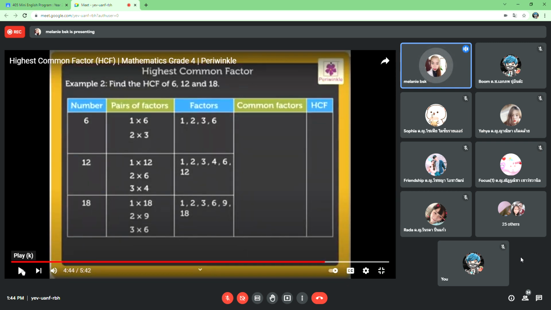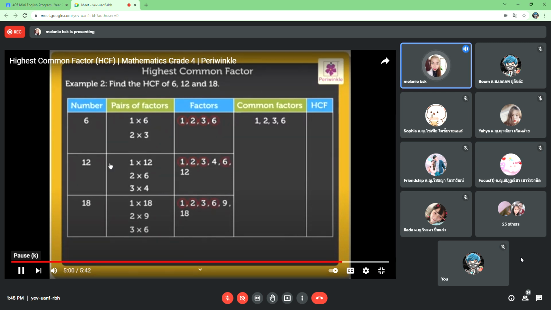Okay. Now we're going to move on in this column. Here, the common factors of the numbers 6, 12, and 18 are 1, 2, 3, and 6.